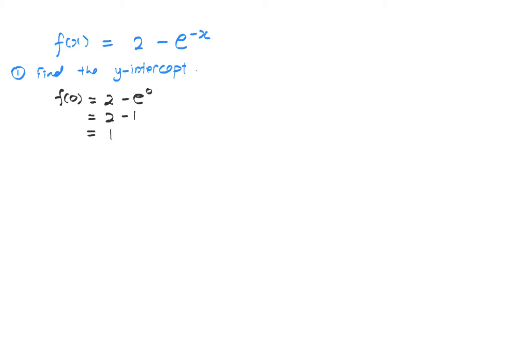Okay, second part. Find the x-intercept. If you want to find the x-intercept, you have to put your f(x) equal to 0, which is 2 minus e to the power negative x equal to 0, correct?